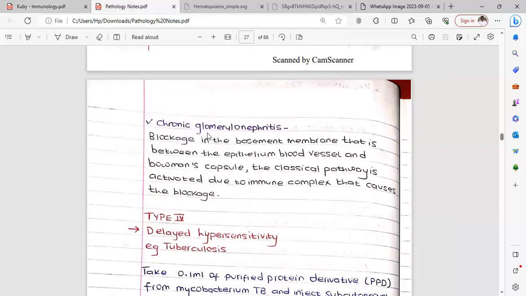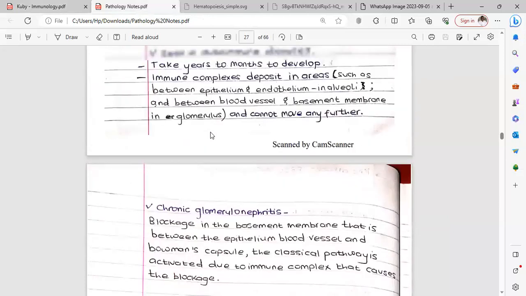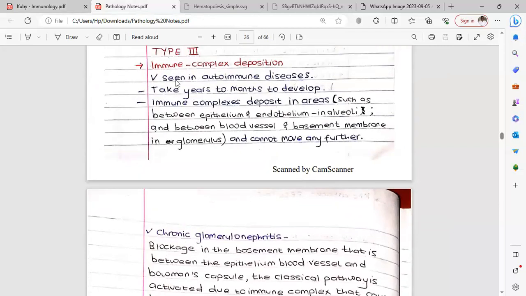So there's a checker, guys. Yeah, so immune complex deposit in areas such as between the epithelium, endothelium, or the alveoli, and between the blood vessels and basement membrane in the glomerulus. But these depositions don't move any further.